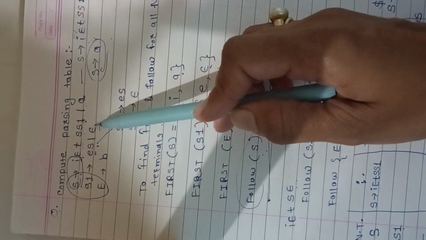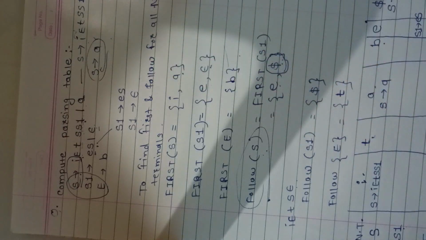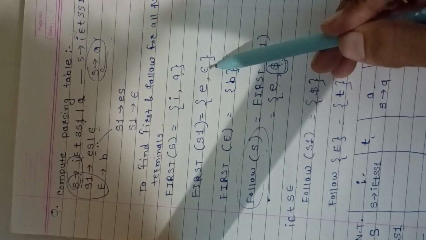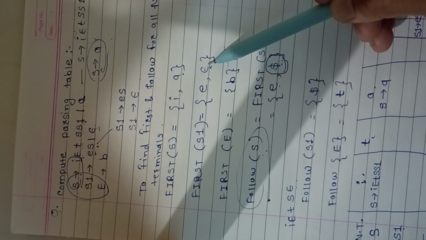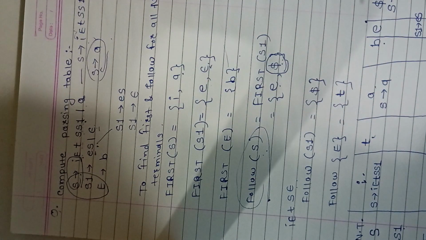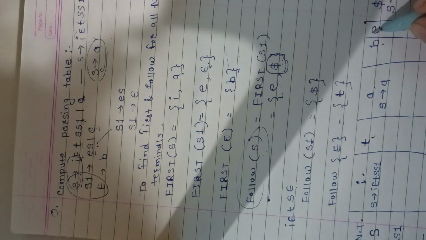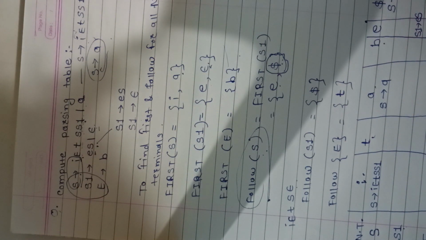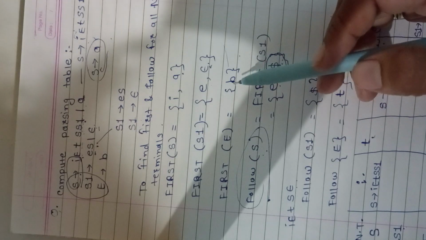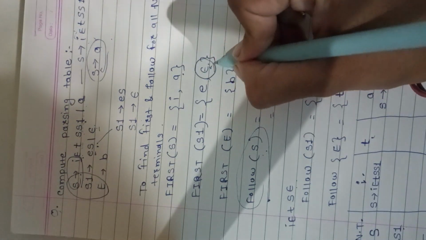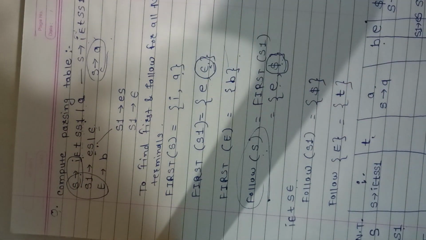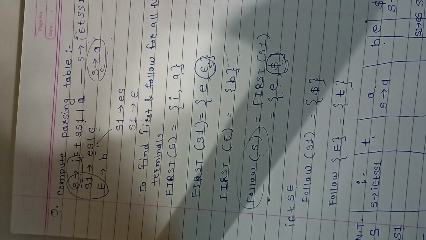Okay. Then S1 tends to epsilon. That is, e and epsilon. So epsilon is not here. We can't take epsilon as a terminal. Then instead of epsilon, we write S1 tends to epsilon under dollar, because the epsilon is present, so we can write S1 tends to dollar.